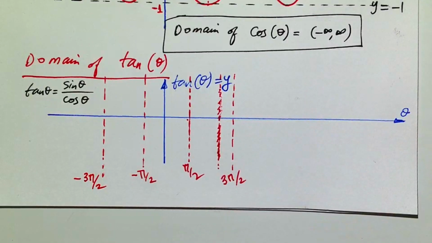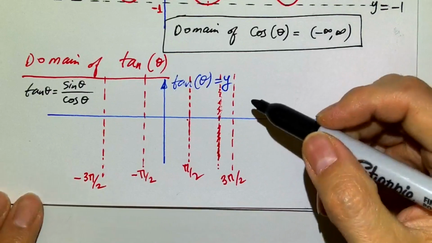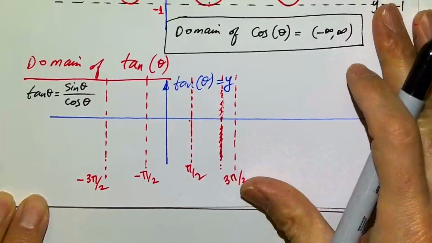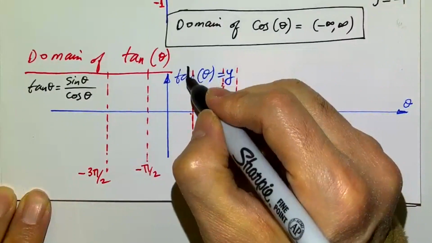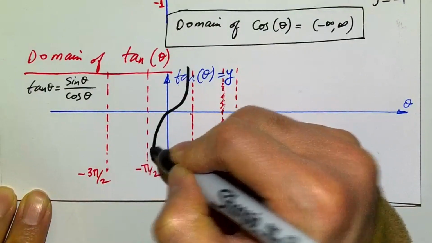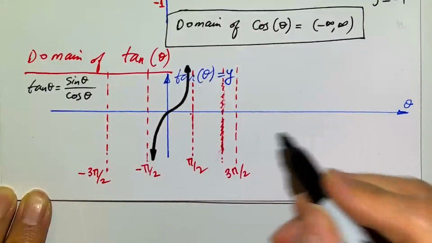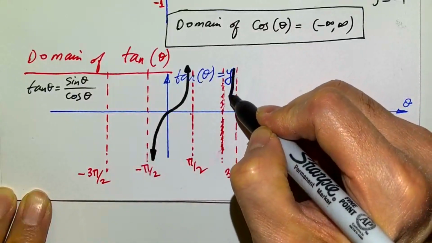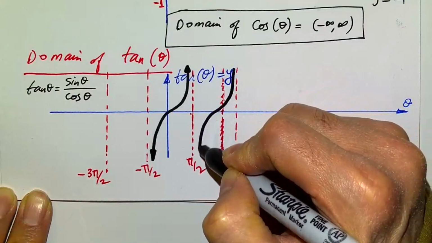Then the tangent function would graph like this. So this line would come from here, go through the origin there, and then the arrows. And then here we would have a line going like this.